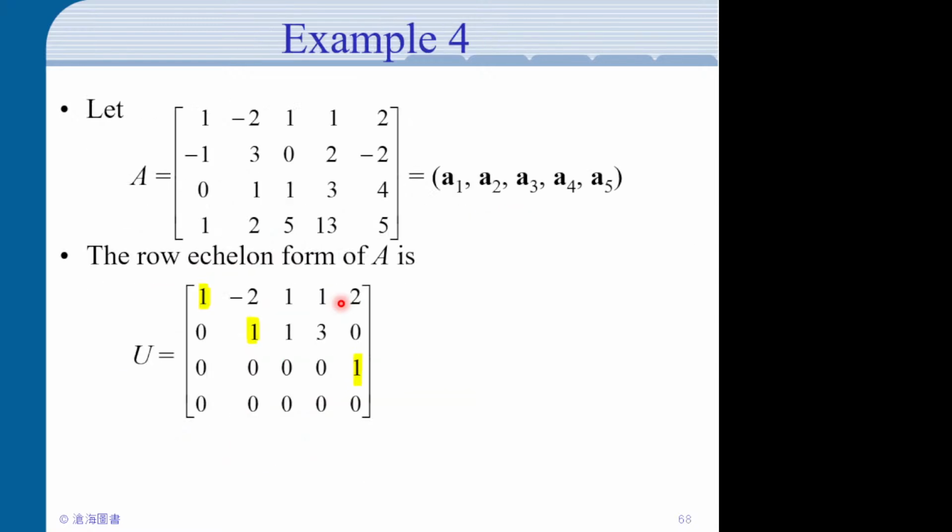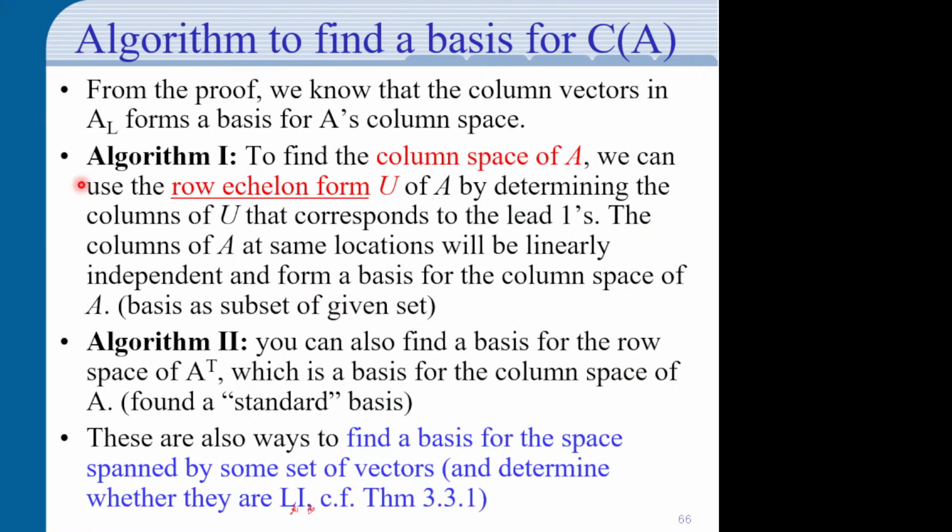And here we see Theorem 3.6.6 once again. When you run either algorithm 1 or algorithm 2, you are given a set of vectors and you find the basis using either algorithm.